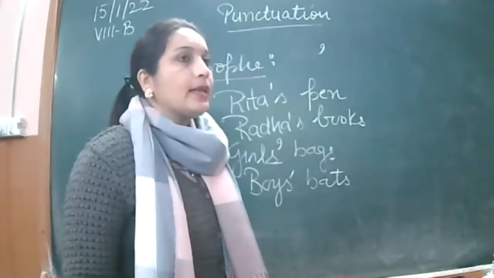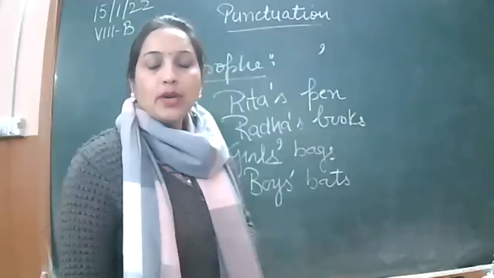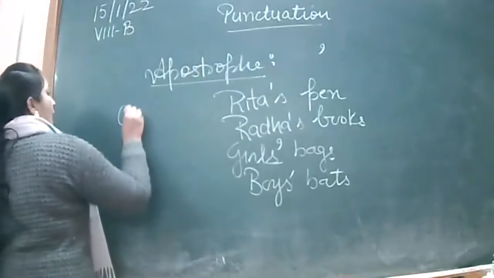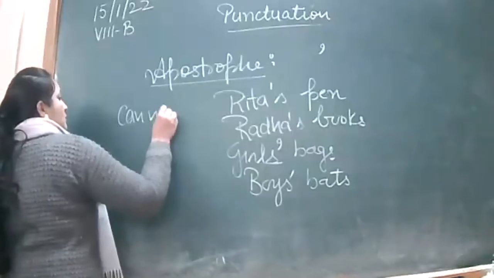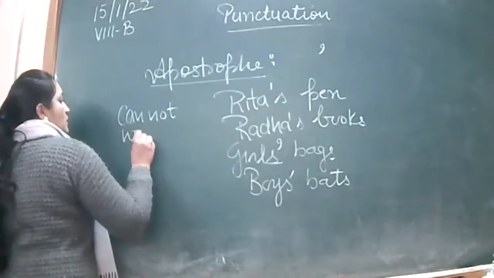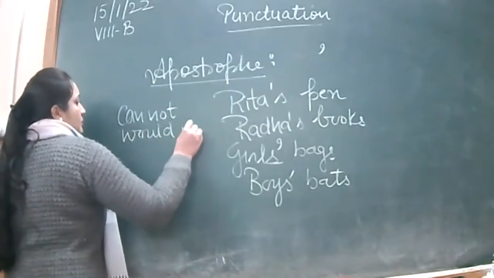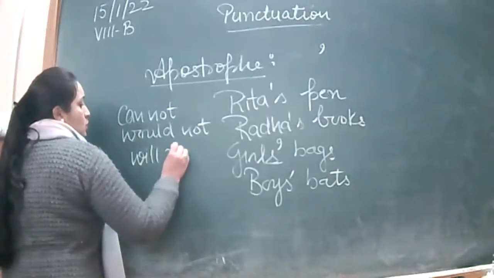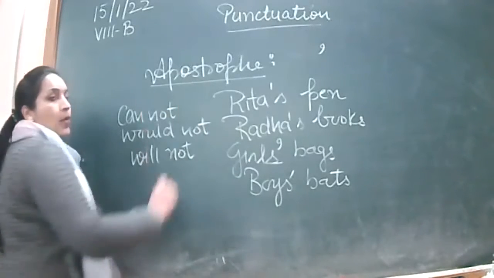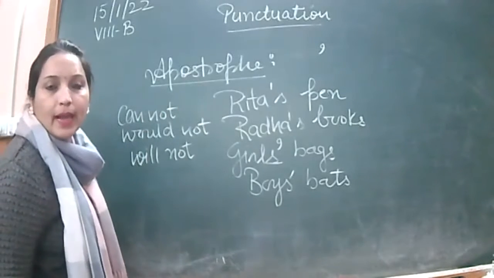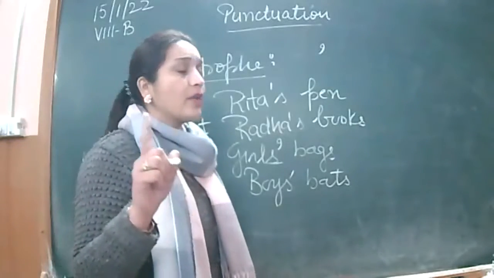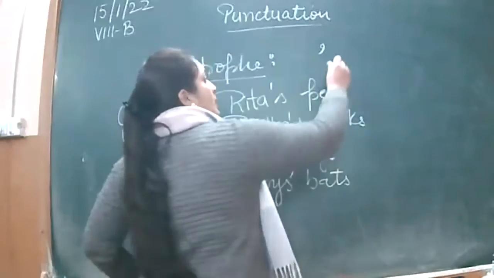Suppose a modal is used and you want to contract it, like cannot, would not, will not. In that case also the apostrophe is used. So many students commit this error, even in senior classes.